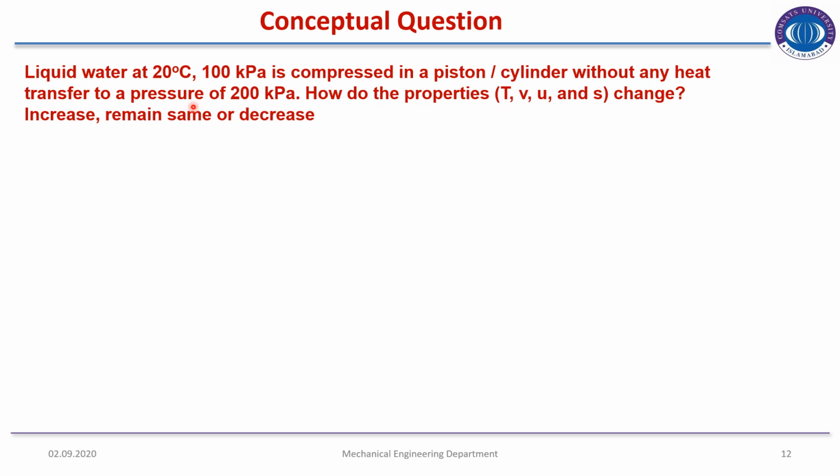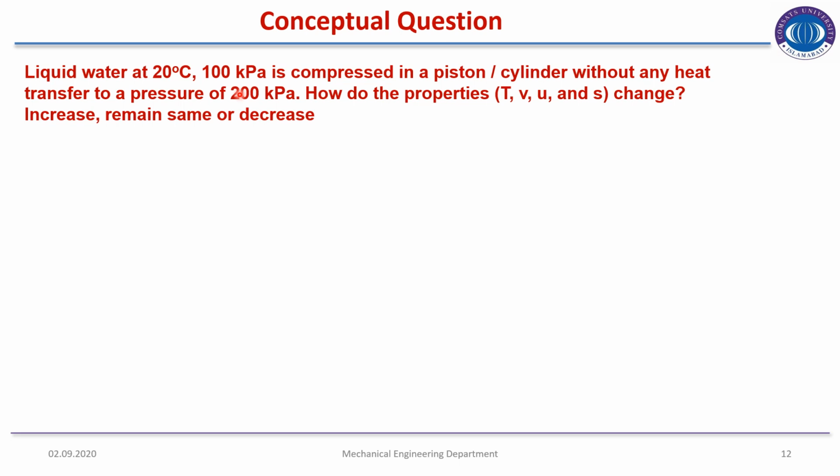So here we have water. The initial temperature of water is 20 degrees centigrade, the initial pressure is 100 kilopascal, and the piston is compressed. So the pressure is increased and the volume is decreased.